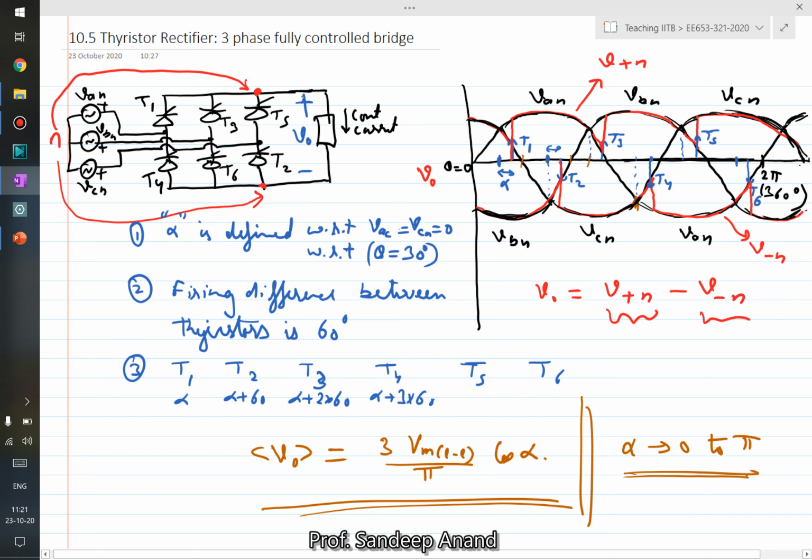And that implies that again the average voltage could be negative, and this could very well be used as an inverter as well as a rectifier. So it can allow power to flow in both directions, and that is the reason this circuit was, and in fact still is, very popularly used in high voltage DC applications on both sides of the terminal, on the rectifier side as well as on the inverter side.